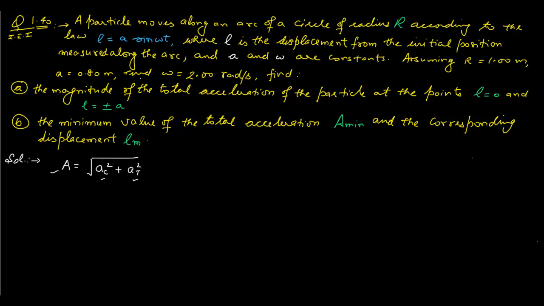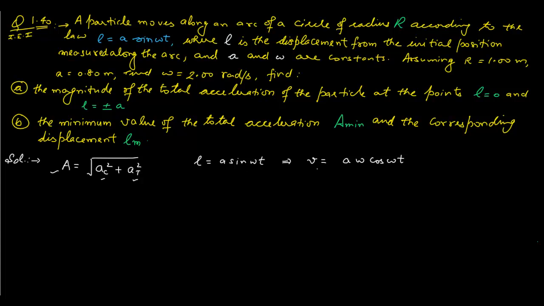So from the given result, L = a sin ωt, what can we calculate? We can calculate the speed at any instant of time, by differentiating this result. If we differentiate on both sides, we get v = a ω cos ωt, since differentiating sin ωt gives us ω cos ωt.